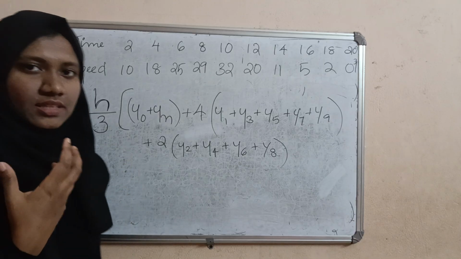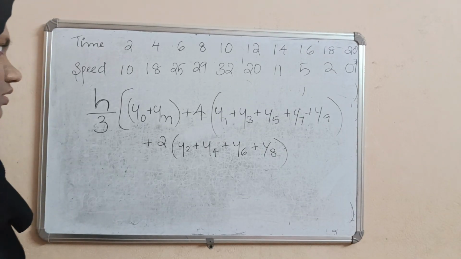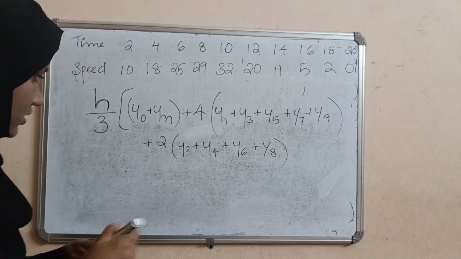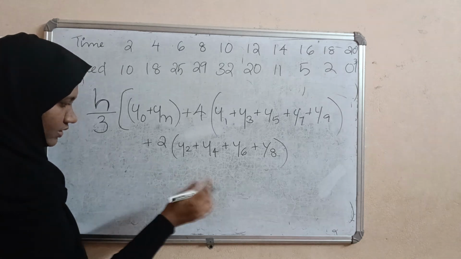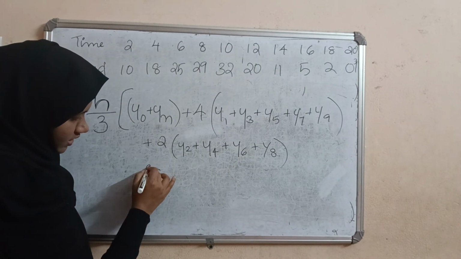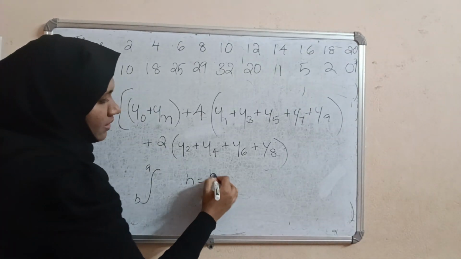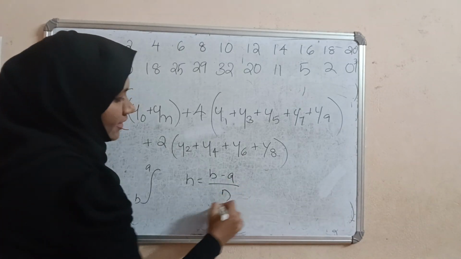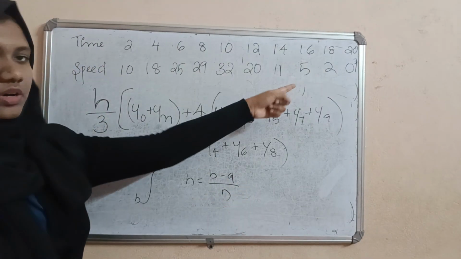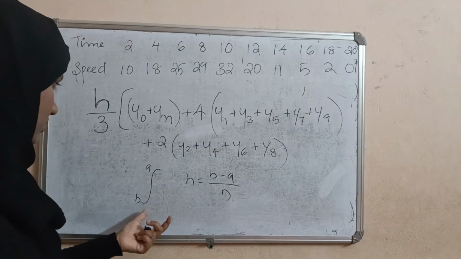If they ask in the integration form with limits a and b, h is equal to (b minus a) by n, where n is the number of terms.